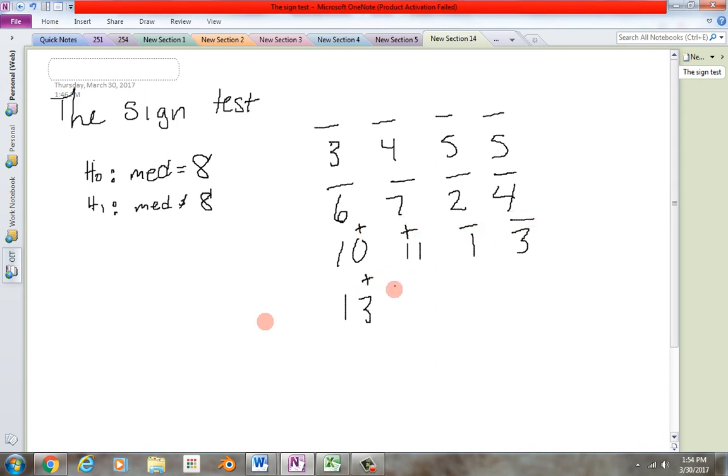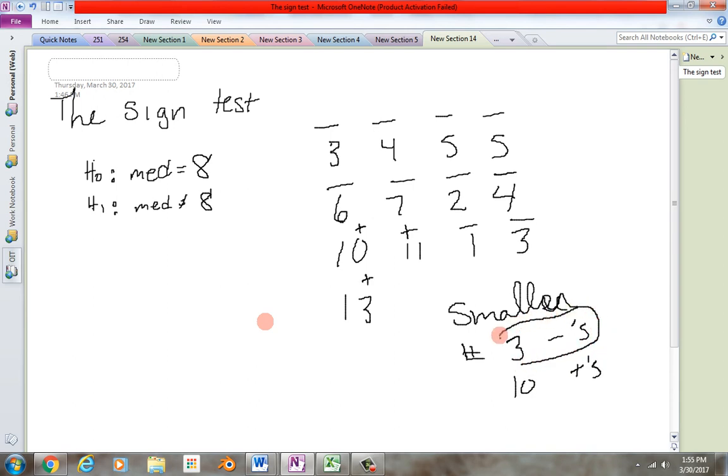And what we're going to do is pay attention to the smaller number. So in this case, there are 3 negatives, and there are 10 positives. This guy here, you see, will be our test statistic.